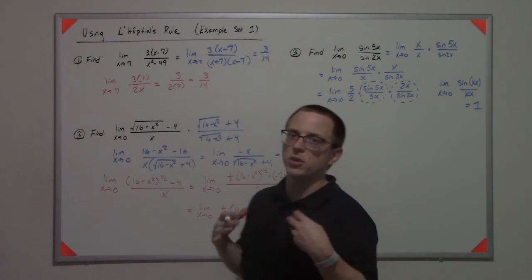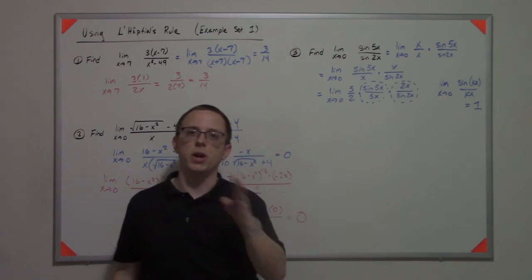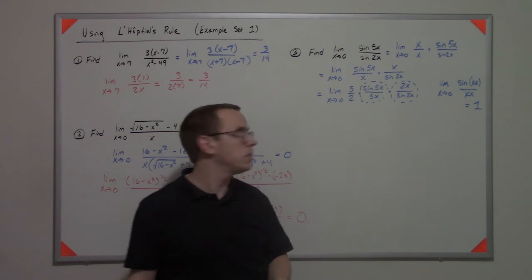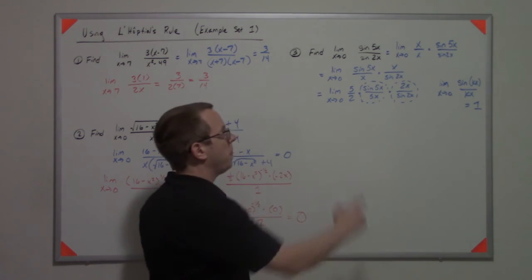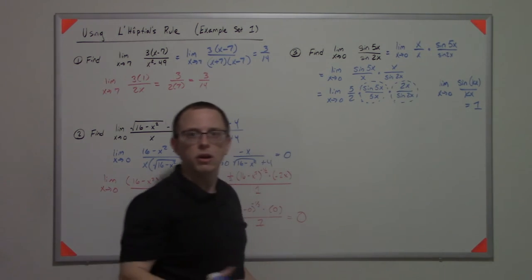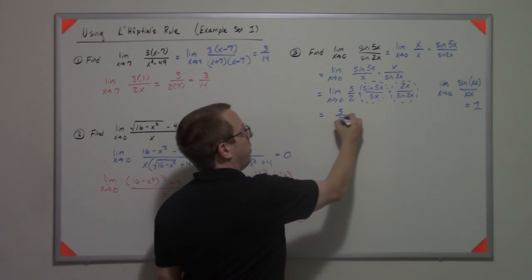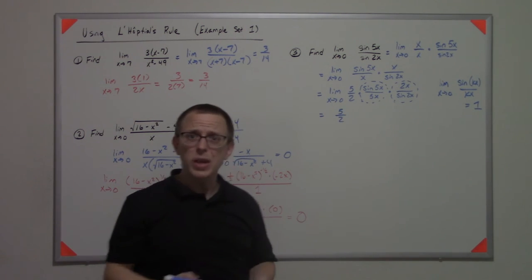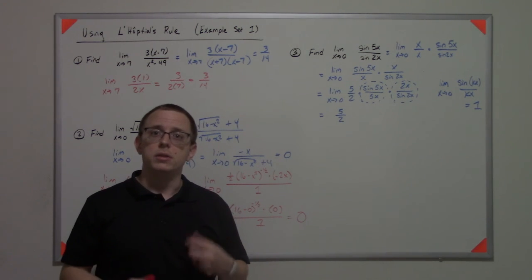That's sort of our sine x over x for arbitrary, not just sine x over x, it's sine of kx over kx. So to do that, we have to rewrite it in a kind of clever way. So that makes this one 1, and that's just the reciprocal of that, so it's also 1. So that gives us 5/2. Okay, so that's a lot of work, right? Ugh. So let's try to do this with L'Hopital's rule.